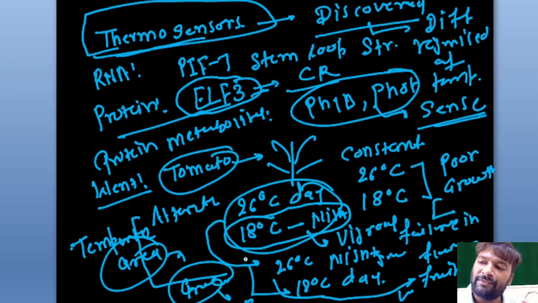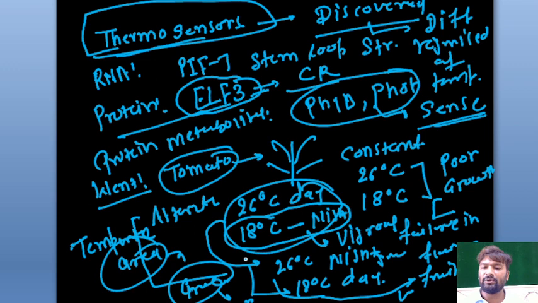So we can say that plants sense the temperature changes, and they need the diurnal variations or different regimes of temperature. Like they have some maximum temperature, minimum temperature, base temperature, and some optimum temperature. So for better fitness, we need optimum temperature. Also, there are some thermosensors which are identified but not fully characterized, like PIF7, ELF3, and phytochrome B and phototropin.